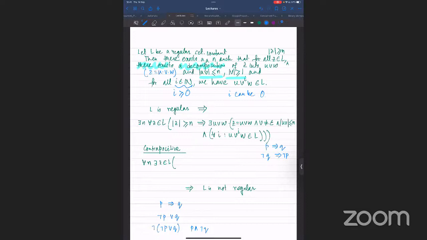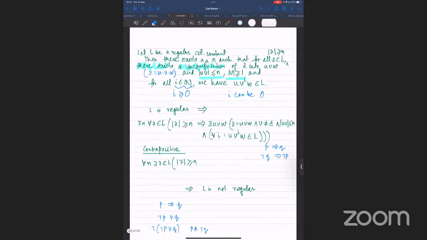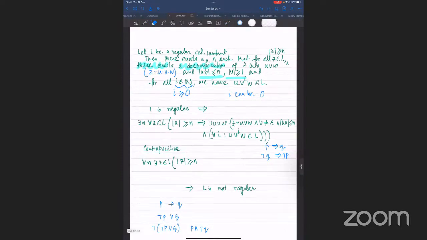So we are going to put it in this form. We'll keep the Z greater than or equal to N, considering this part as P and not Q. Since it's a contrapositive, we are taking the negation of the whole thing.